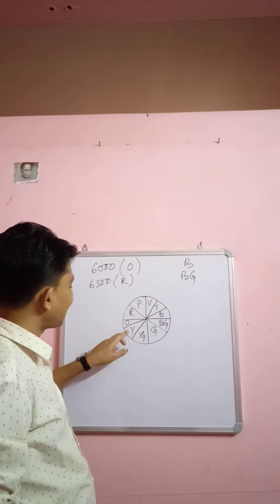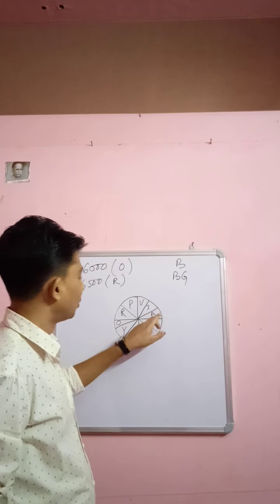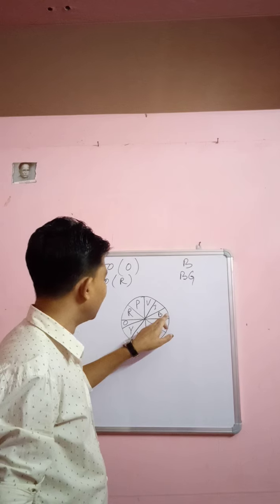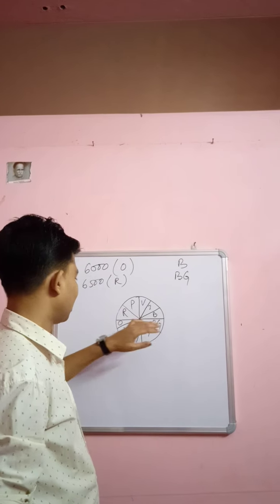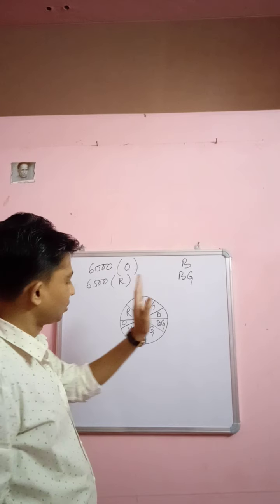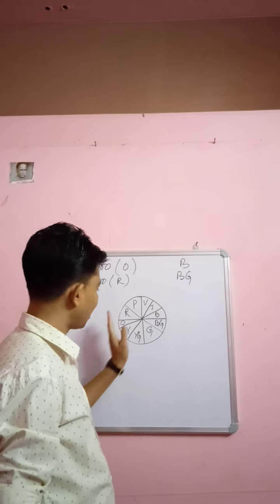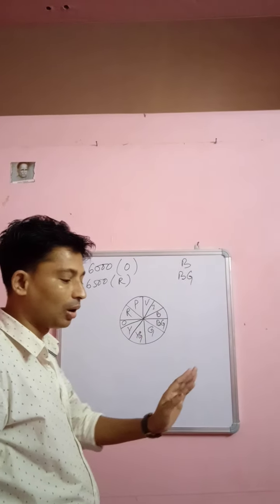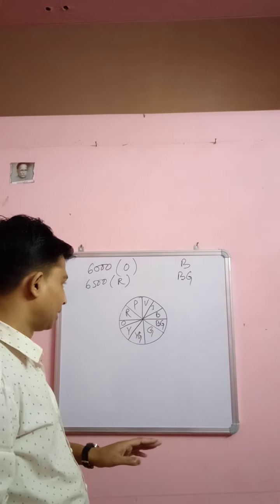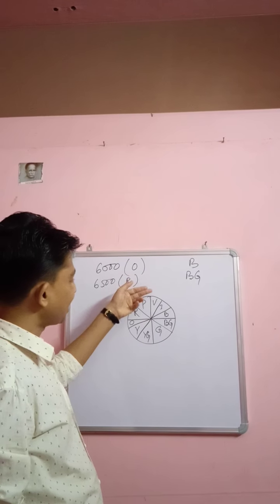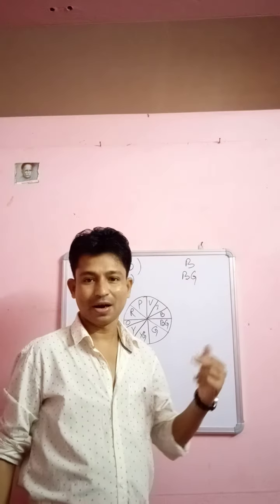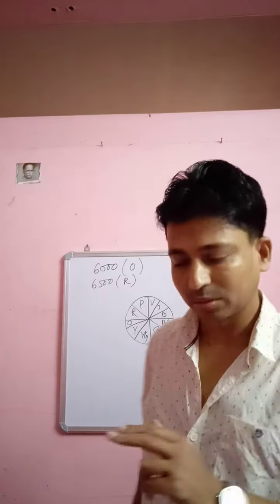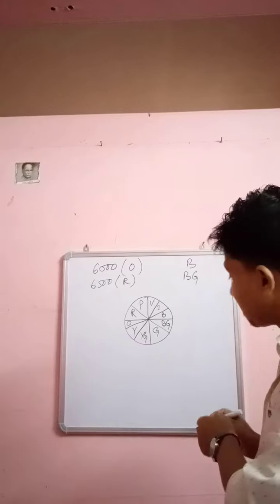If the absorbed color is yellow, the opposite is blue. So the complementary color will be blue. Okay? So the color which is opposite to another color is called the complementary color. If one is absorbed, then the opposite of it will be complementary.